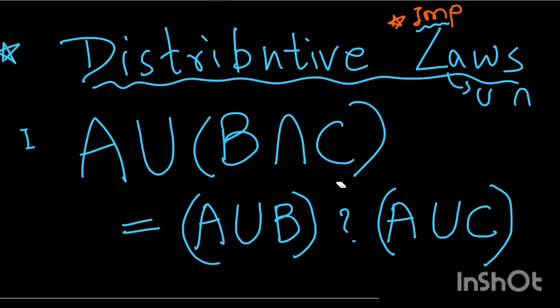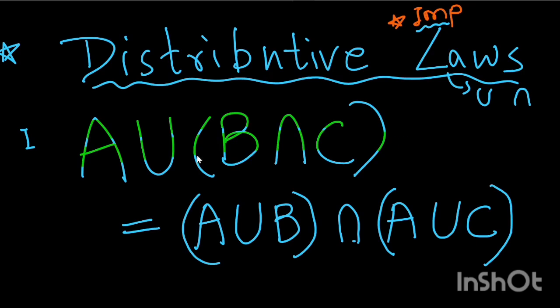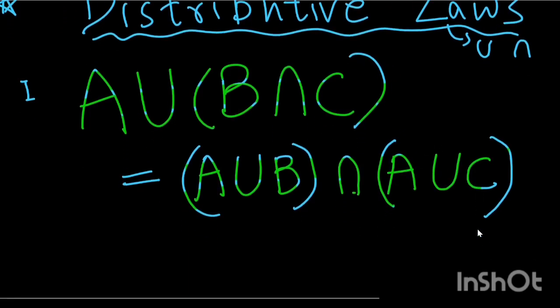Yes, it would be intersection. So this is distributive law. A union bracket B intersection C bracket is A union B bracket intersection A union C bracket. This is the first law.